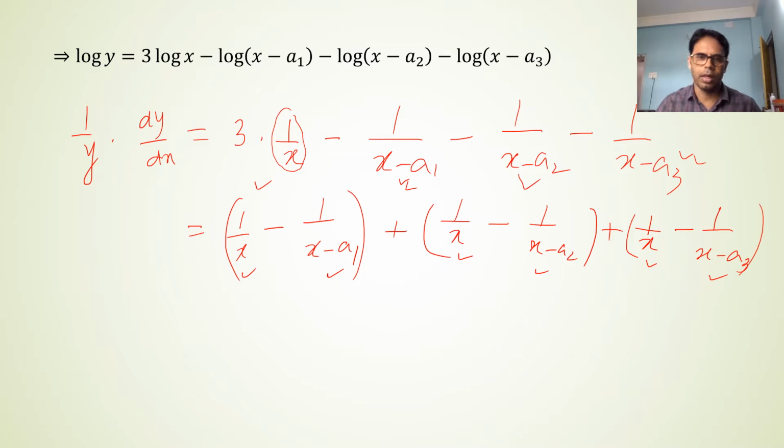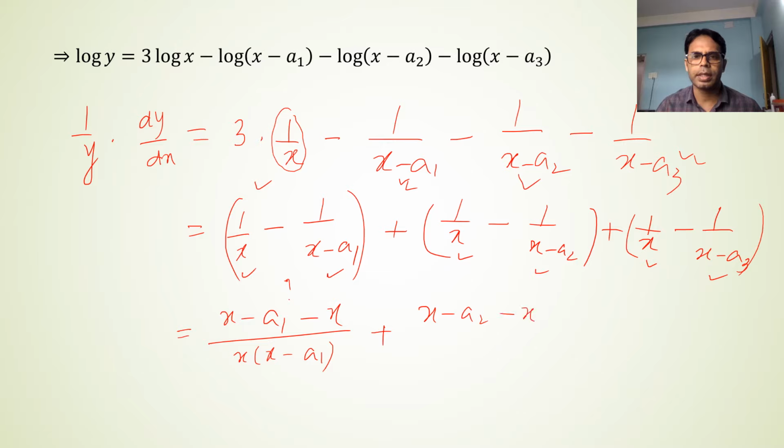Okay, so then you take separate LCM in the bracketed terms. If you take LCM between these two, then it will have in the numerator x minus a1 minus x divided by x into x minus a1. If you take LCM in the first two, then plus, if you take LCM here, you will get x minus a2 minus x divided by x into x minus a2.